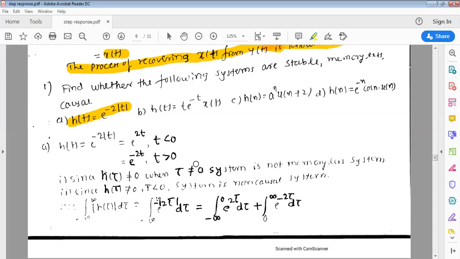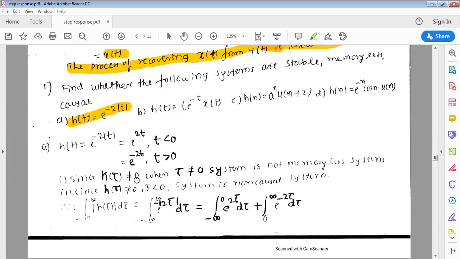Once you do this, this system exists from minus infinity to plus infinity. All the range of t varies from minus infinity to plus infinity. So let us take h of tau. h of tau is equal to tau when tau is less than 0.